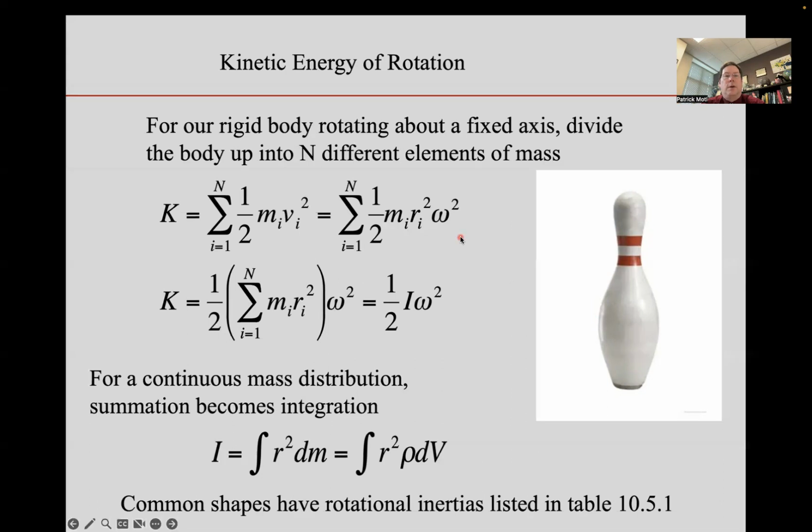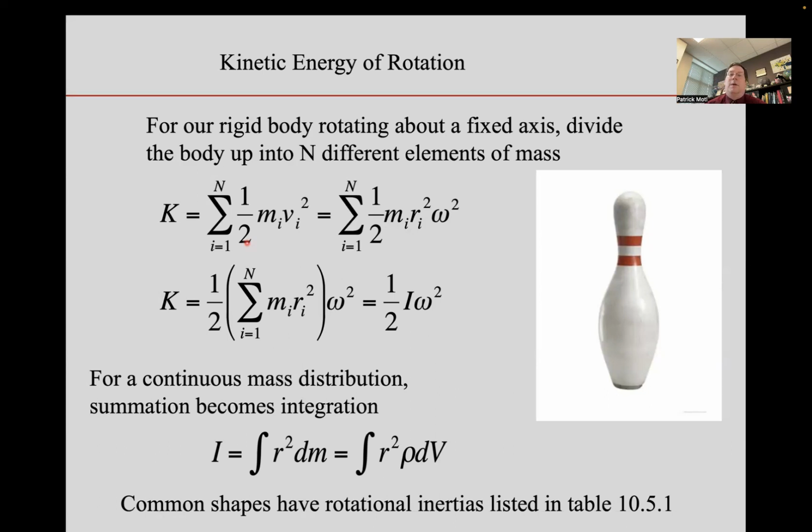We could get the kinetic energy of translation if we just take the bowling pin and have it move uniformly along a fixed coordinate direction. I just add up all the individual pieces of the bowling pin. Each piece has a mass m_i. Each has the same speed v_i if it's translation, and I just add it up for all the pieces, and I'll get a kinetic energy of translation.